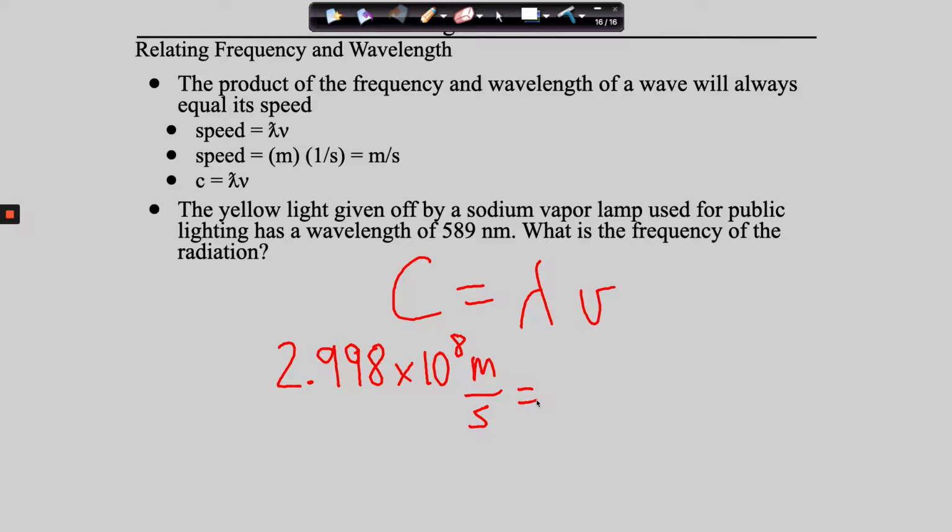Then guys, we are solving for frequency, so the second thing will be our x. We need to know the wavelength. We know that it's 589, but that's nanometers, and we have to convert that to meters. Now guys, not many of you would suppose to convert meters into nanometers. That's ridiculous.